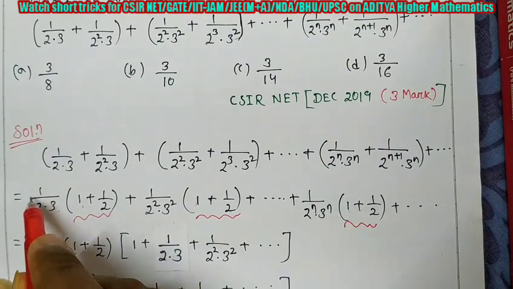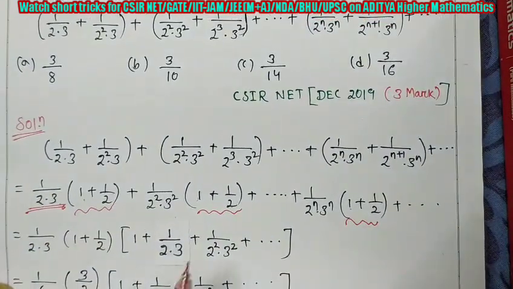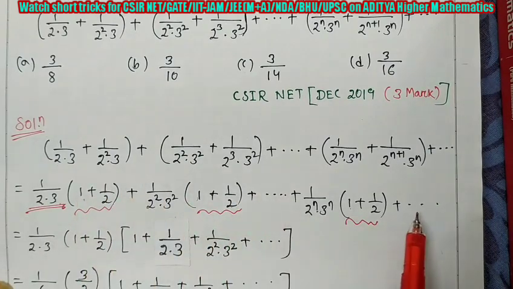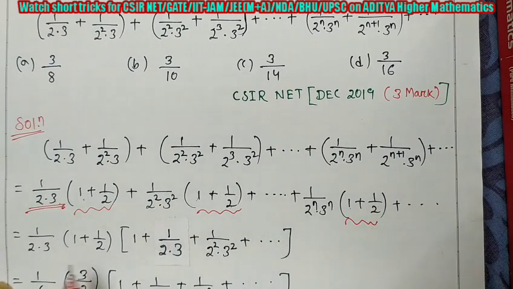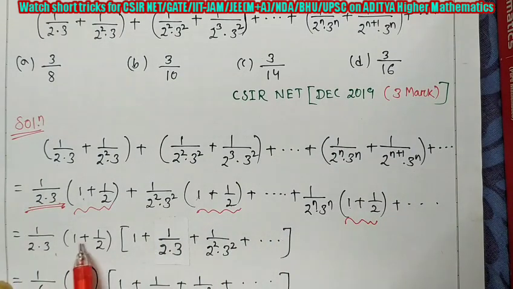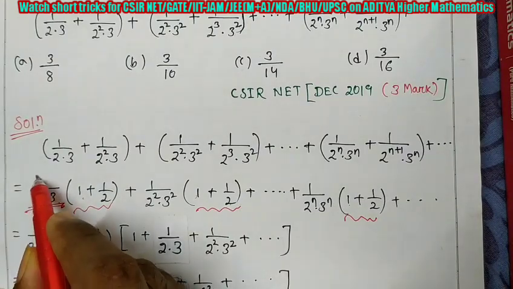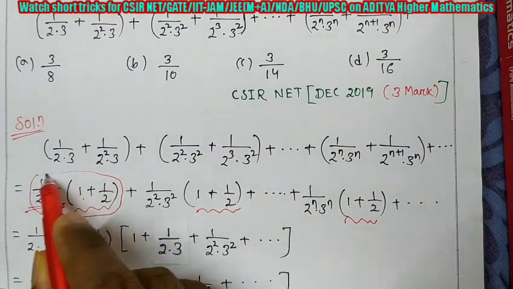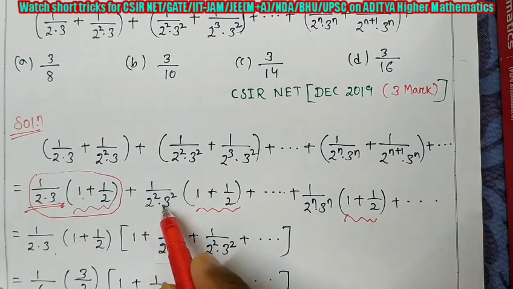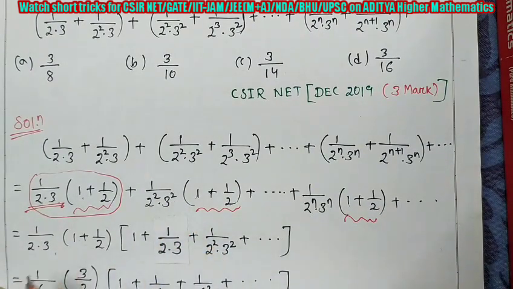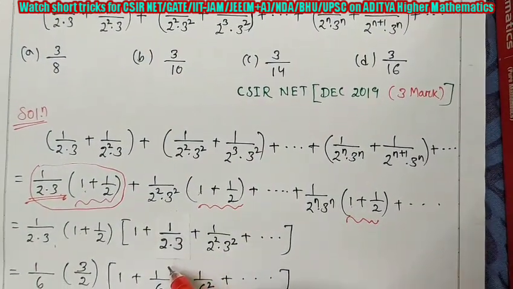Now in all the terms, total there are infinite terms, out of all these infinite terms, we can take common 1 by 2 into 3. After that, here you are taking all the terms common, so that you are getting 1. And here it is 1 by 2 square into 3 square, but we are taking 1 by 2 into 3 common, so that 1 by 2 into 3 we will get.